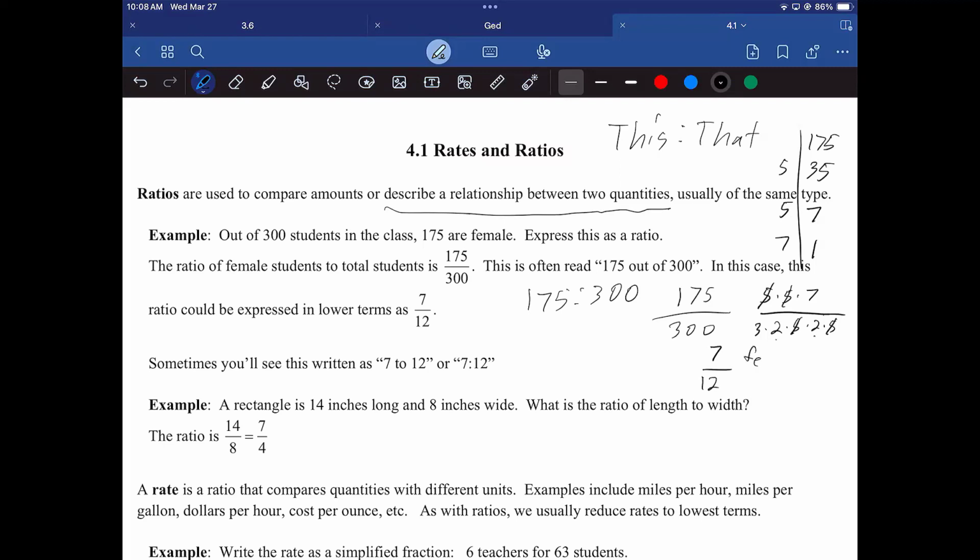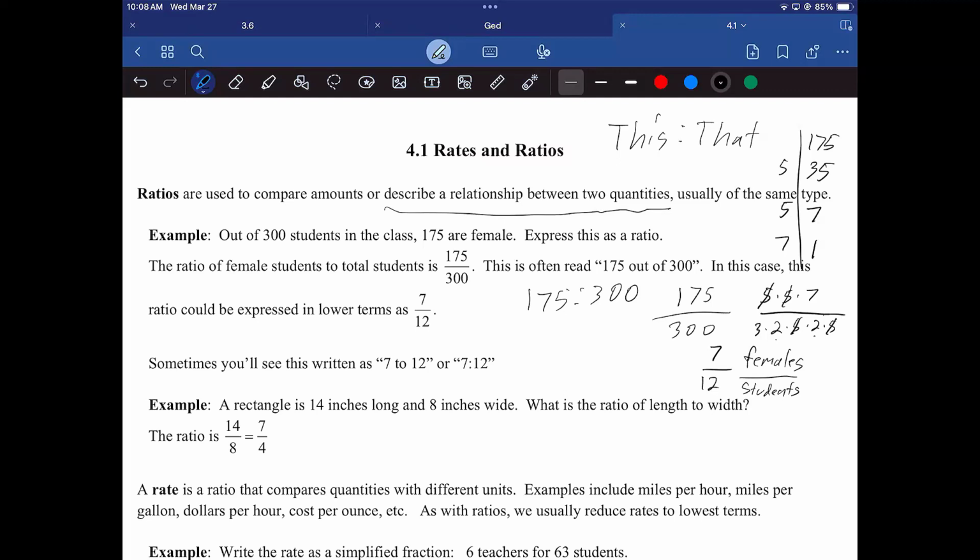That's 7 females for every 12 students. So there are 7 females to 12 students, or this to that. For every of this many, there are that many. For every 7 females, there are 12 total students.